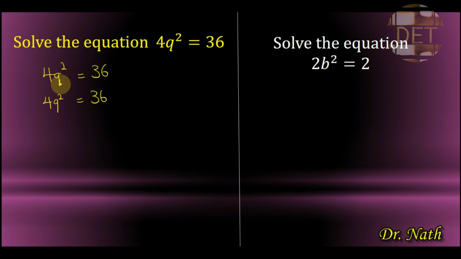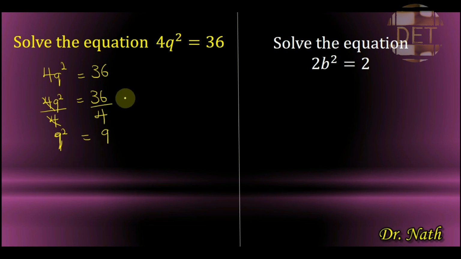Like I said, the general principle in mathematics requires that you divide both sides of the equation by the coefficient of q squared, which is 4. So this is divided by 4, divided by 4. So 4 will cancel 4 to make this q squared stand alone. So this is q squared is equal to 36 divided by 4, which will give us 9.